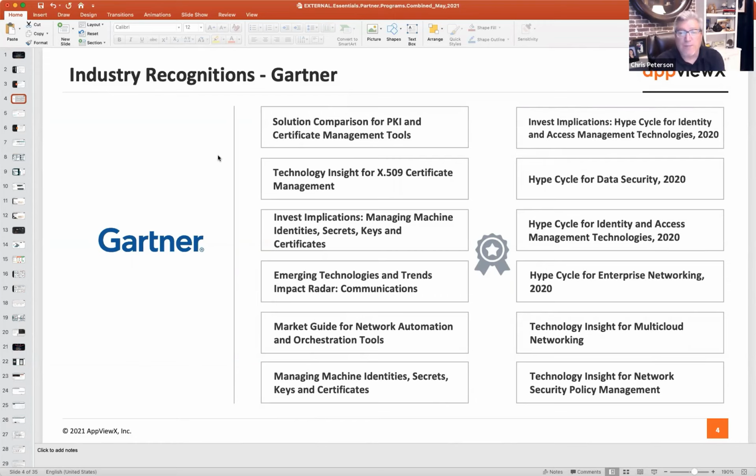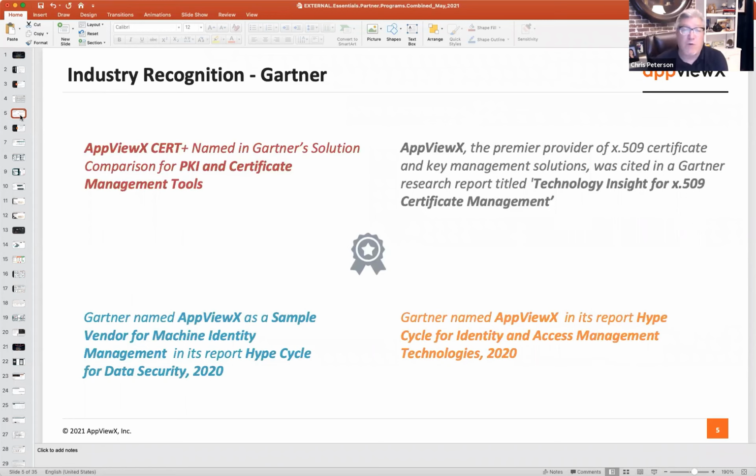So Gartner has really picked up on this piece of the market, and we've gotten quite a few great mentions from Gartner in various Gartner publications over the last few months. There is no magic quadrant yet for machine identity or certificate lifecycle management, but I expect we'll probably see one within a year.